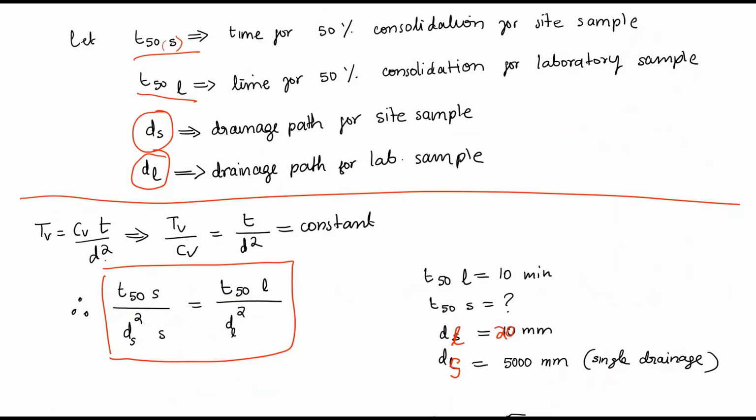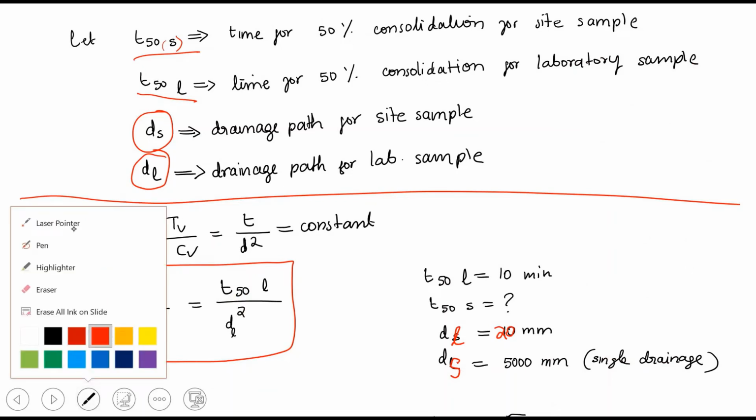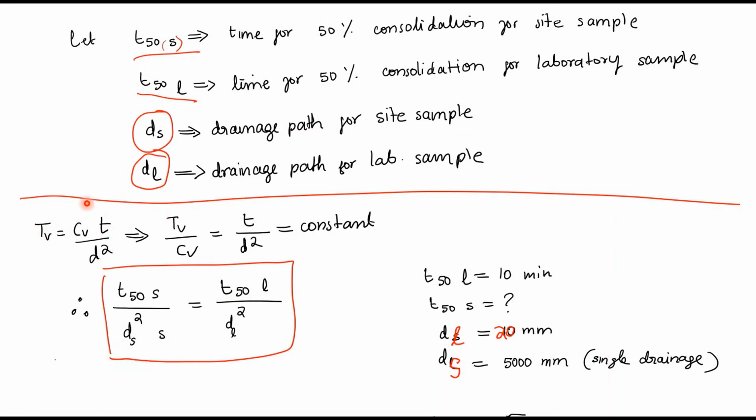So we have a basic equation, that is Tv equals Cv into t by D square, where Tv is the time factor and small t is the time required to reach that percentage of consolidation. D is the drainage path. If it is double drainage, D will be thickness by 2. If it is single drainage, D will be the thickness itself.